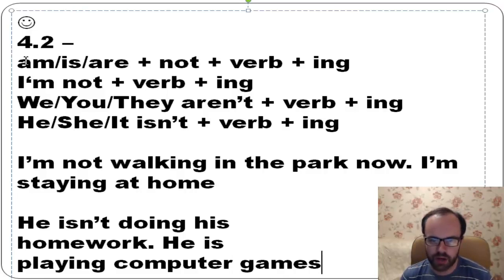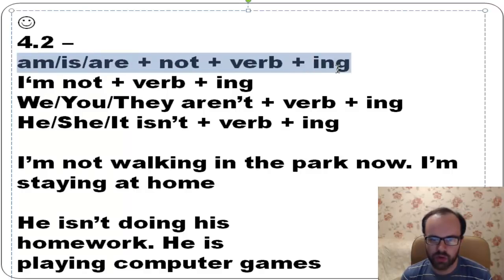So am, is, are plus not plus verb plus ing. So I'm not plus verb plus ing; we, you, they aren't plus verb plus ing; he, she, it isn't plus verb plus ing. So I'm not walking in the park now, I'm staying at home. He isn't doing his homework, he is playing computer games.